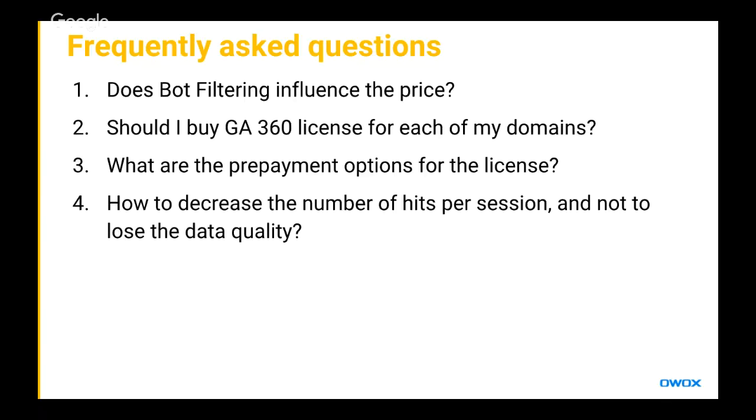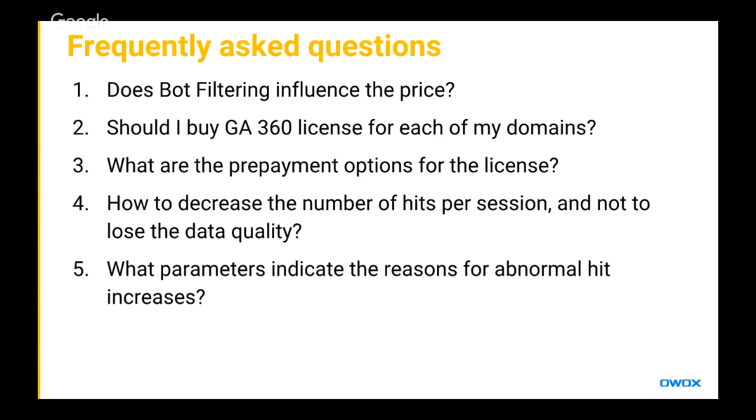The solution to decrease the number of hits depends on the model of your business. Usually, if you don't want to go to the next tier and pay more, but want to stay in the first tier of the Google Analytics 360 license, discuss it with your reseller, and perhaps they will find a way to decrease the number of hits per session.